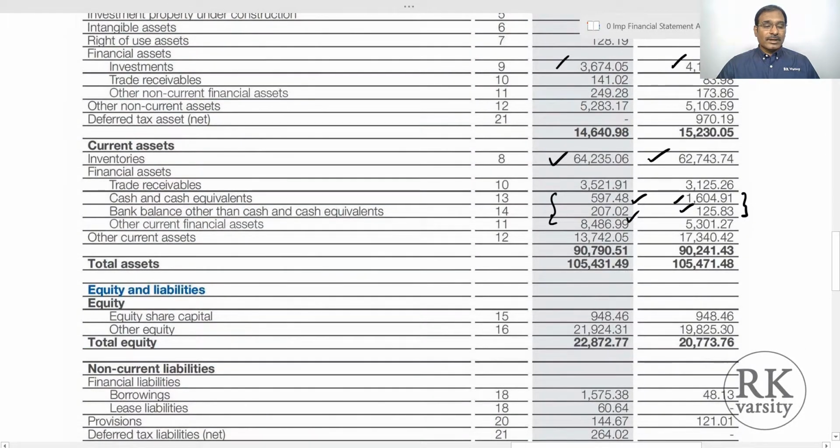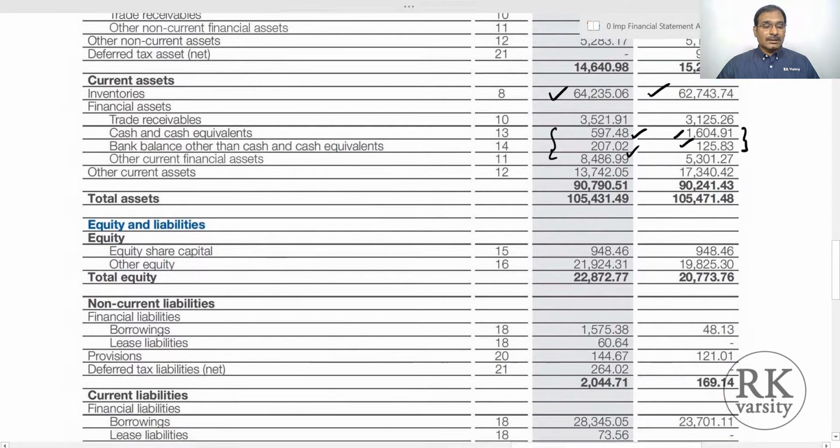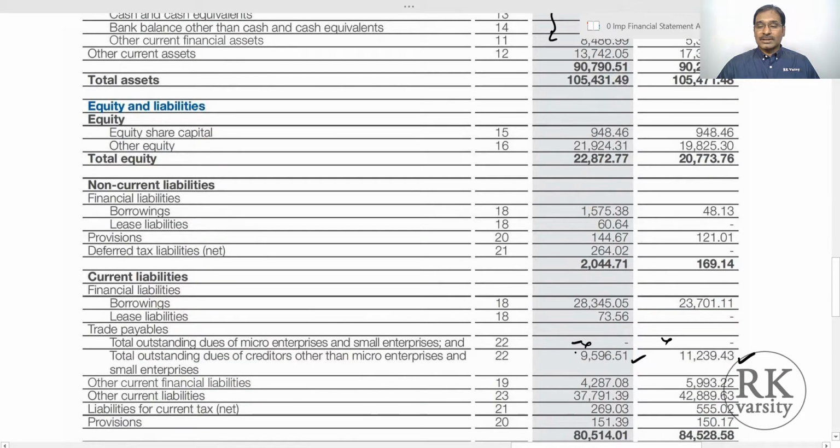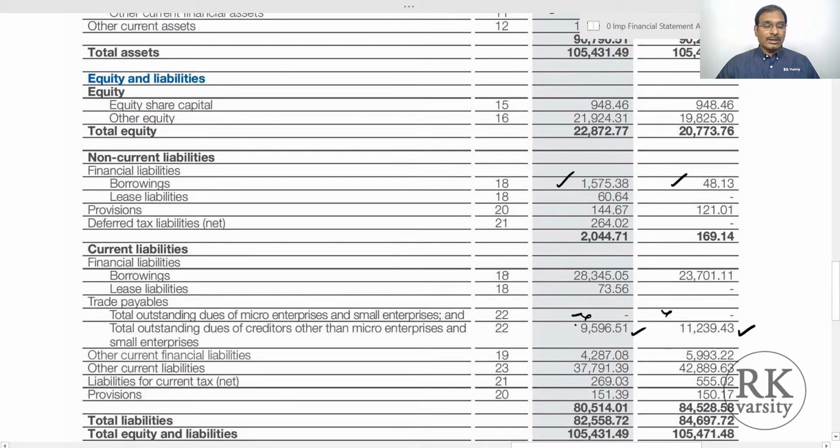If you look at the loans, you can see that the borrowings are high here. The company may be utilizing these short-term borrowings for its working capital requirements. Even if you look at the current borrowings, there are huge current borrowings. So that means the company requires working capital, and because of that there is a delay in making payments to its suppliers. This is clearly visible in the case of Sobha Limited.